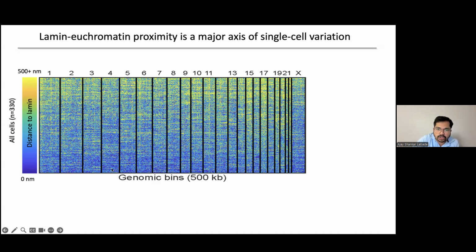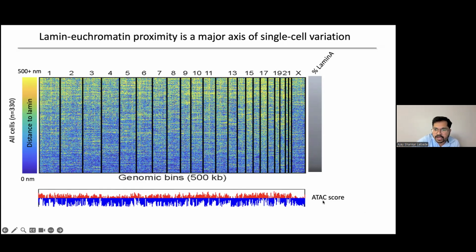You're looking at all the chromosomes, 500 kb bins. What blue to yellow depicts is the distance to lamin of each bin in each cell. And we arrange these cells according to the percentage of total lamin they had. So the cells at the bottom had more lamin, cells at the top had less total amount of lamin.